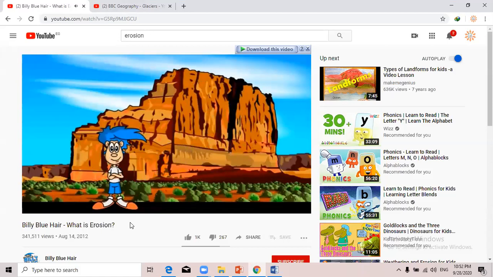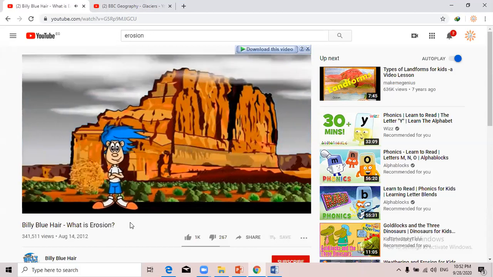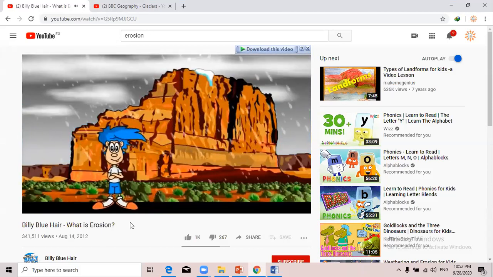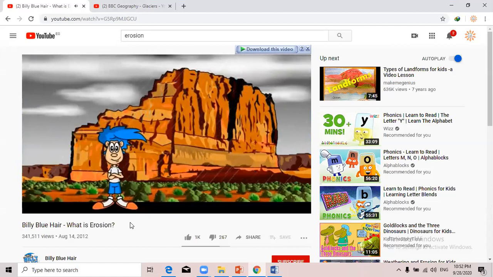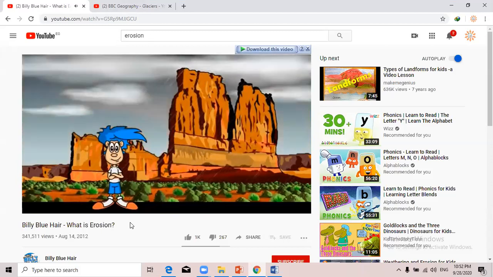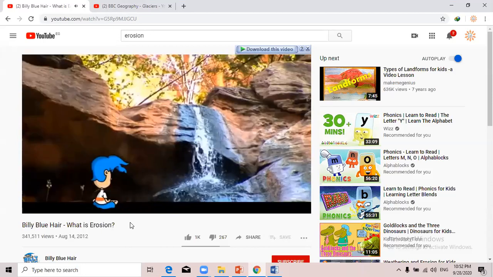Look, this was a huge plateau. Now the rain, the water rains, and then wind. Water. Look how the water cuts the rocks into small pieces. Look how it changes the landform.